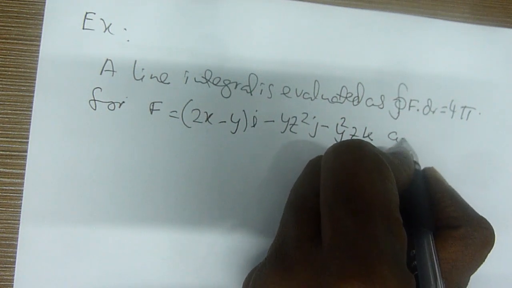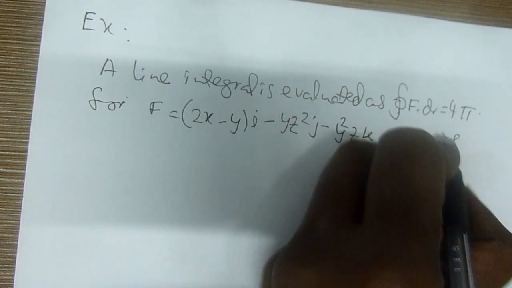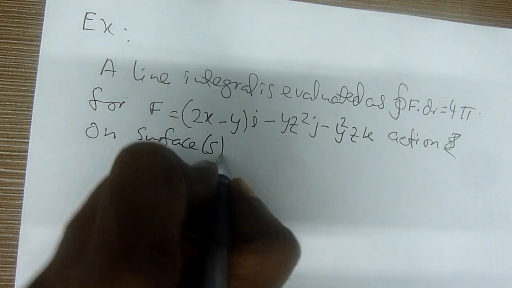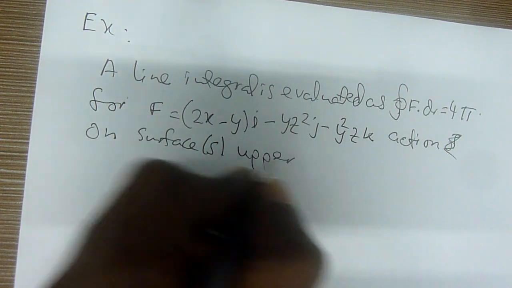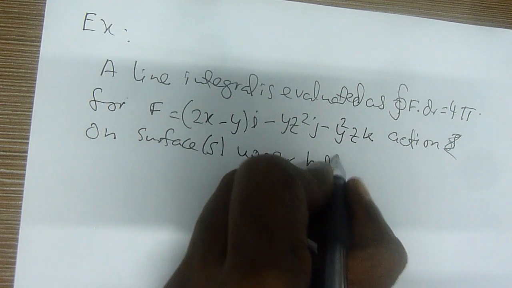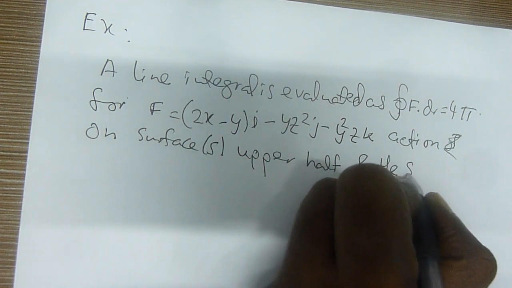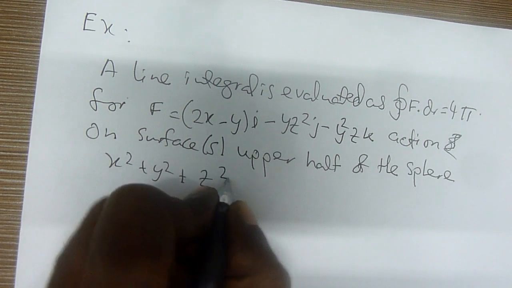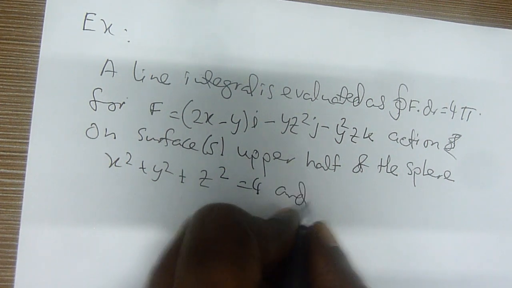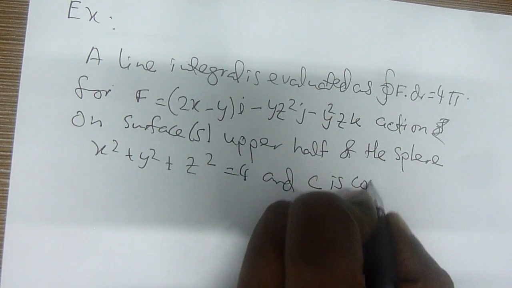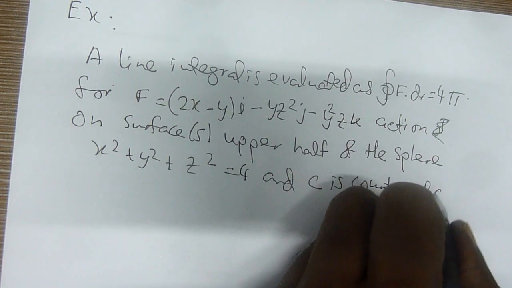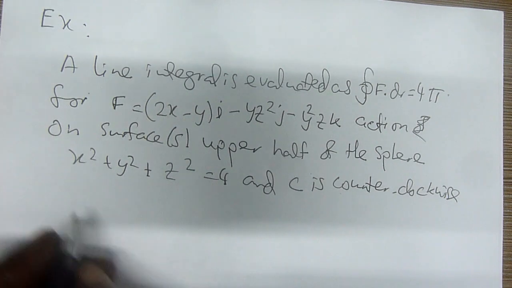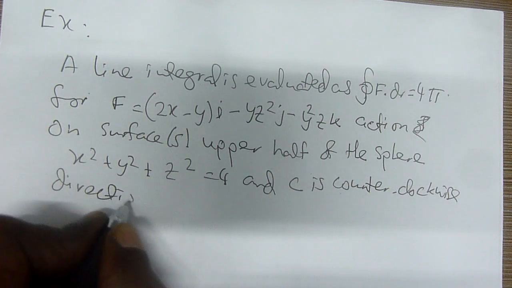Action on surface S, the upper half of the sphere x squared plus y squared plus z squared equals 4, and C is the counterclockwise direction. Please copy first, direction view from top as below.